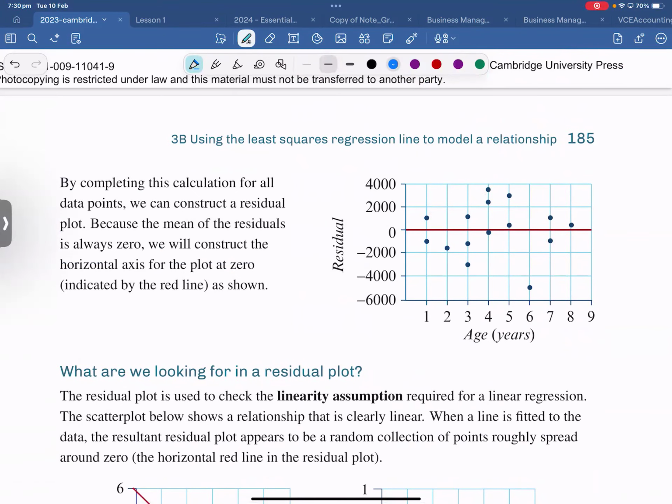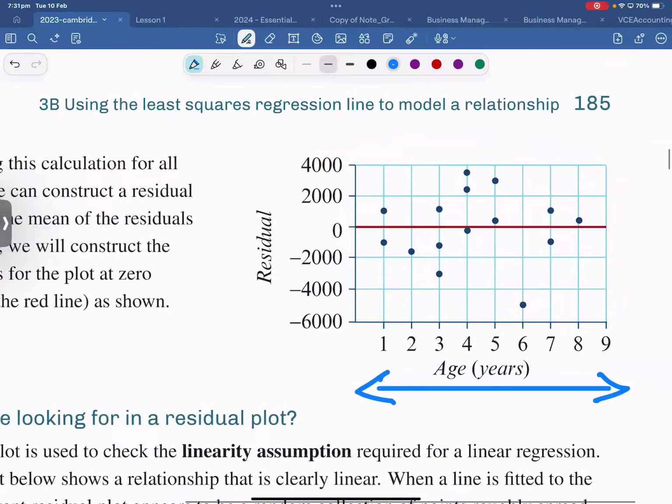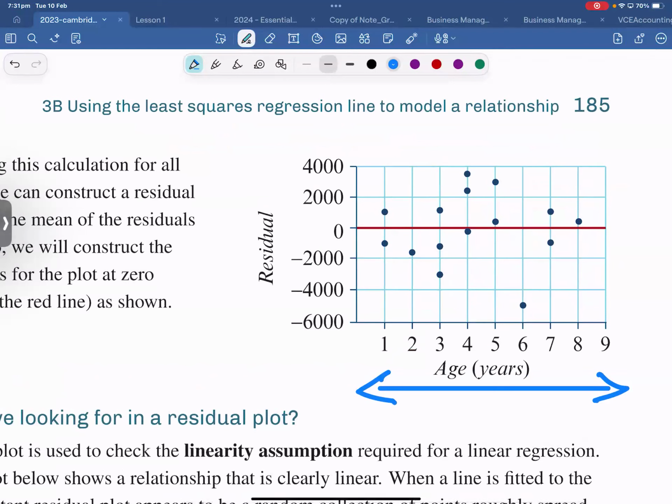Like that, I mean, we calculated only one. Makes sense? We calculated only one, yes? Like that, along all of them, we can calculate the residual plot.